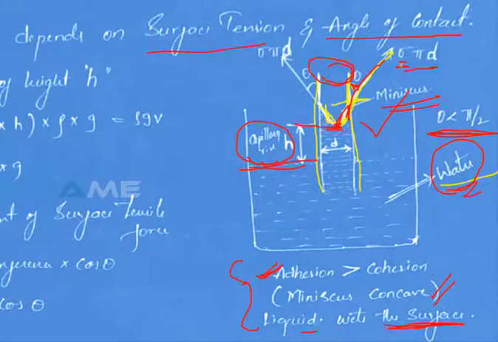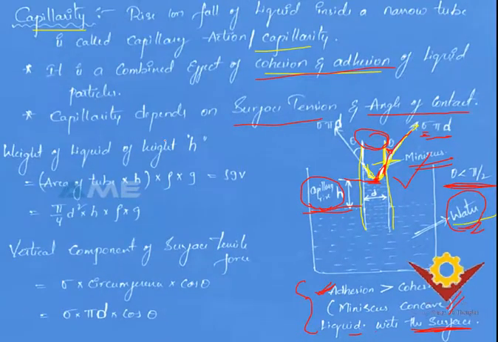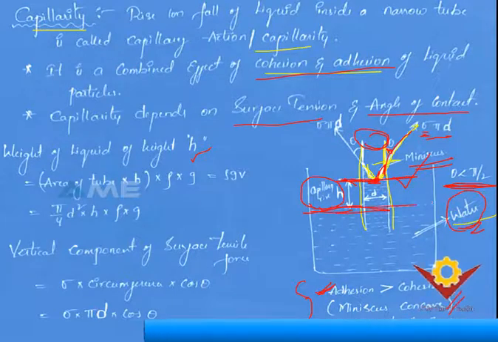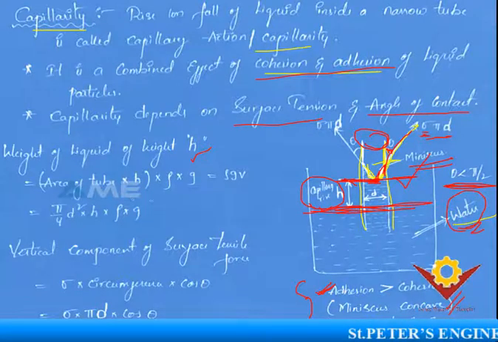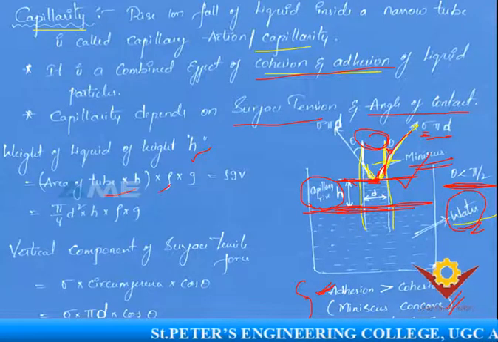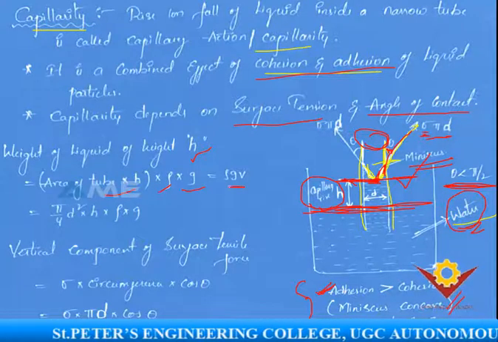Right, now we'll try to solve this. The weight of the liquid of height h is, whatever water is lifted from the meniscus to the level of water in the vessel, the quantity of water is area of the tube into h, which is volume, into density into gravity, which is rho g times volume, your weight of the liquid.